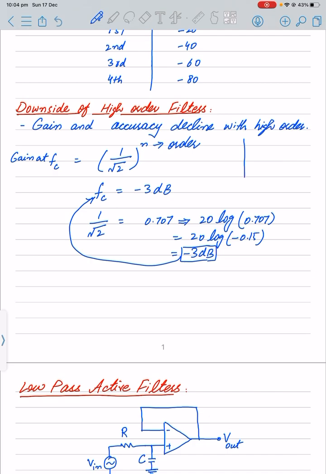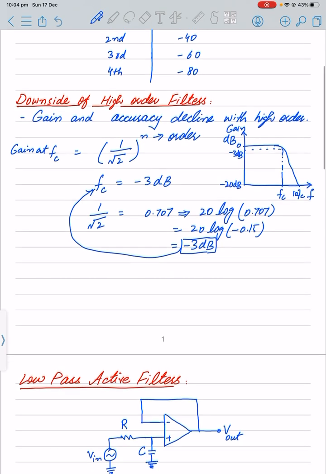And we told that when we draw the Bode plot, we have the frequency on the x-axis and the gain in dB on the y-axis. The gain is almost constant, but at the critical frequency it comes around 0 and minus 3 dB, and that one was the minus 20 dB.